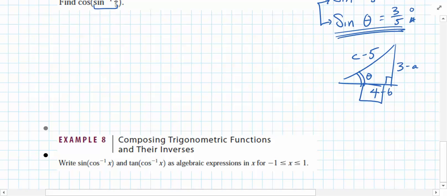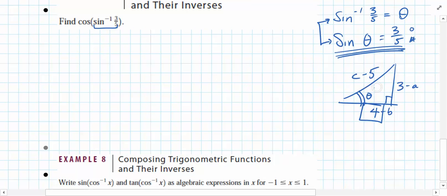Now, since we spent the time to find this missing side length, we don't really have to identify the actual theta value to make this triangle. Since arc sine of 3/5 is equal to some theta measurement, the cosine of that theta can be found in the same manner. The theta that satisfied this statement a moment ago is the exact same theta that we need to evaluate cosine for.